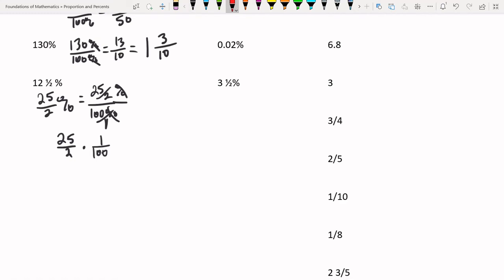Now we can cross cancel. 25 divided by 25 is 1, 100 divided by 25 is 4, and we get 1 times 1 on top, 2 times 4 on bottom. So 12.5% is the same thing as 1/8.